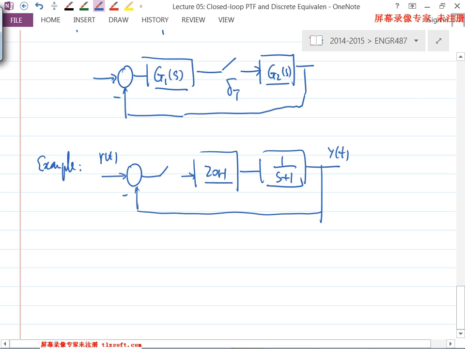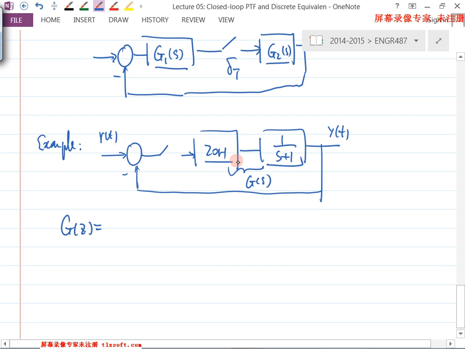So in the previous lecture, actually just 10 minutes ago, if I call this G(s), we derived the G(z) already. That's basically 1 over this. That's G(z).